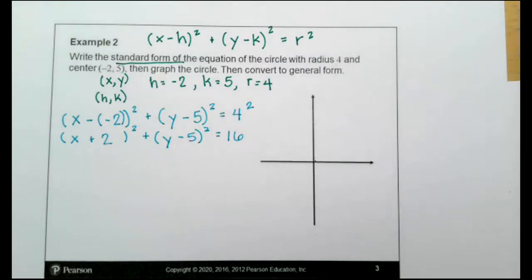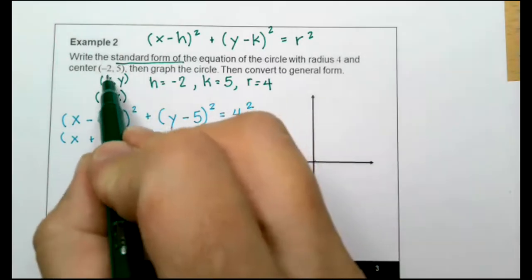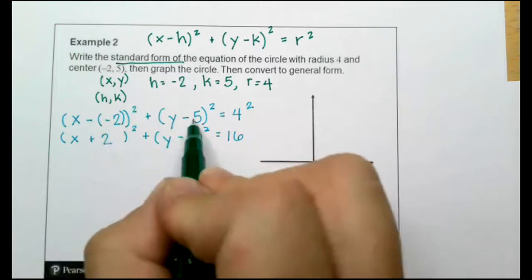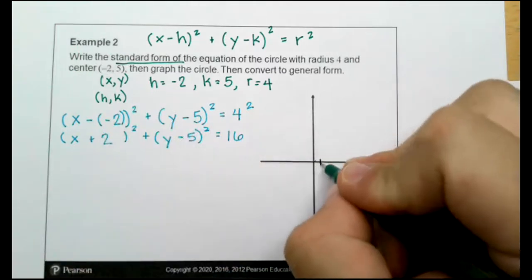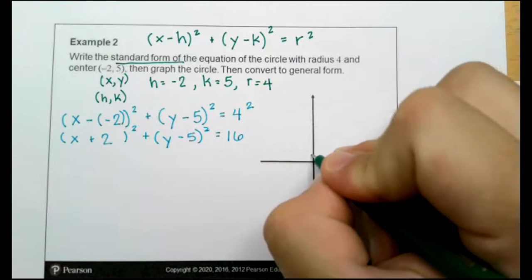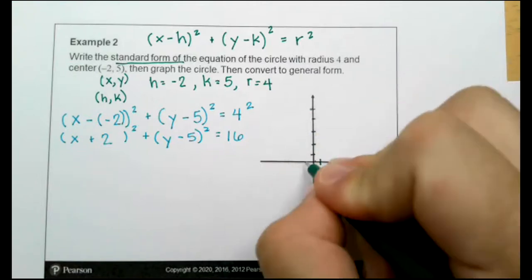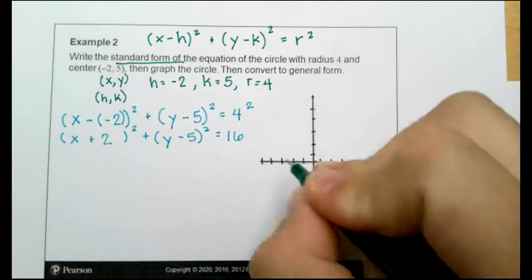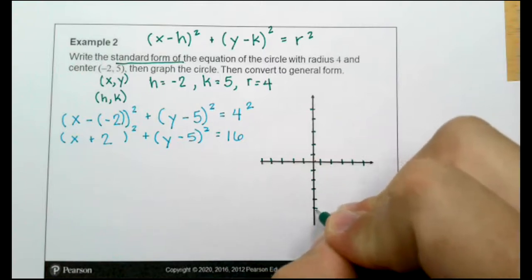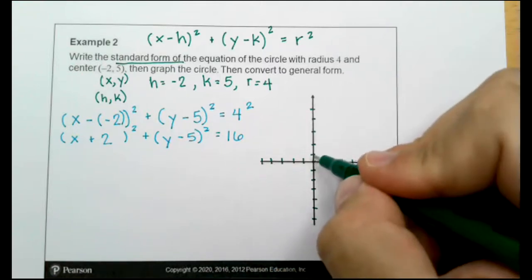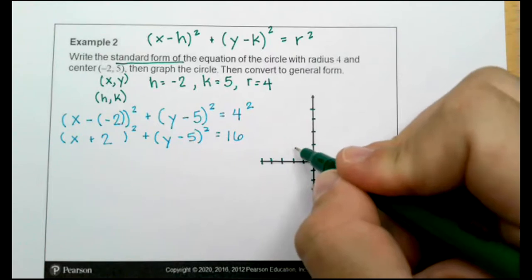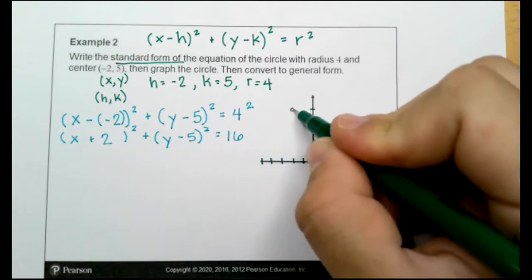Now it says we may graph the circle. So if we graph this circle, the center is at -2, +5. -2 on the x, +5 on the y.